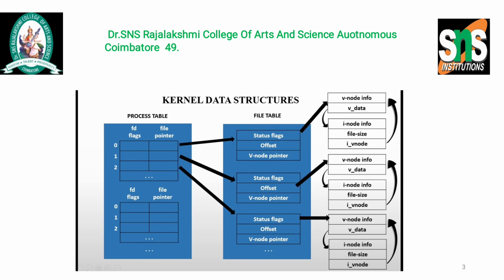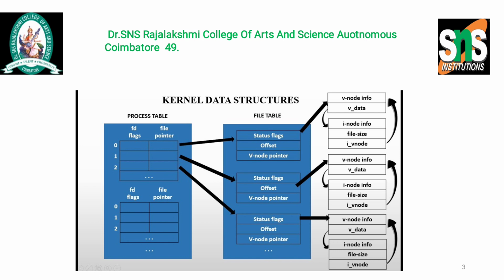In this diagram, we have the kernel data structure containing different tables. The first one is the process table, then the file table, and then the vnode table. The process table contains different flags and different process IDs.